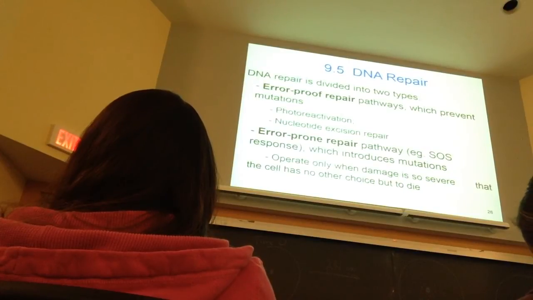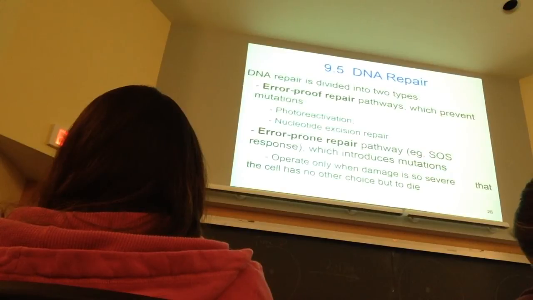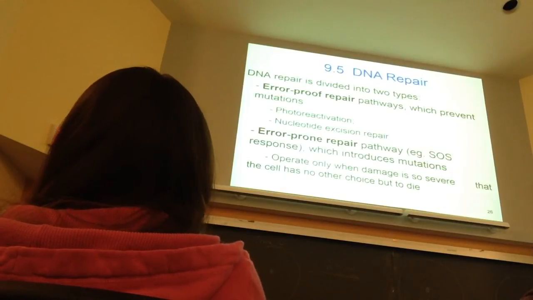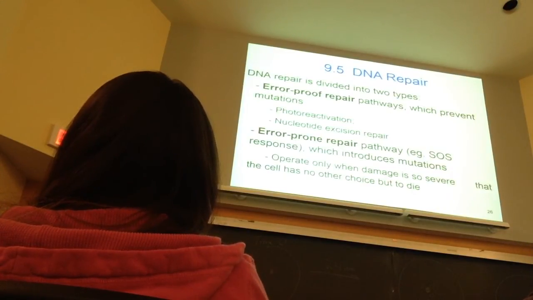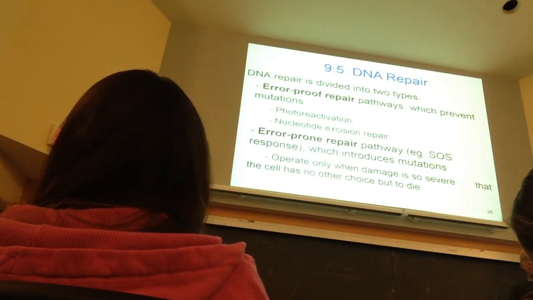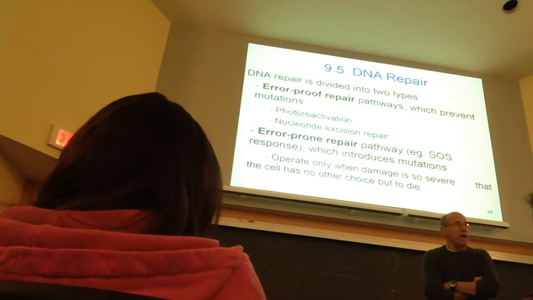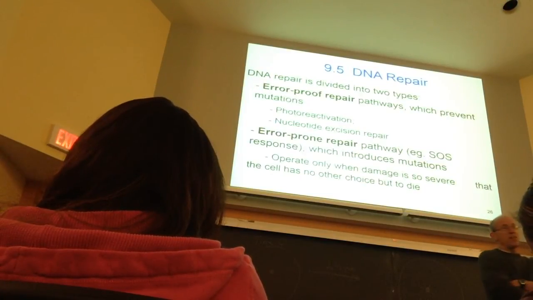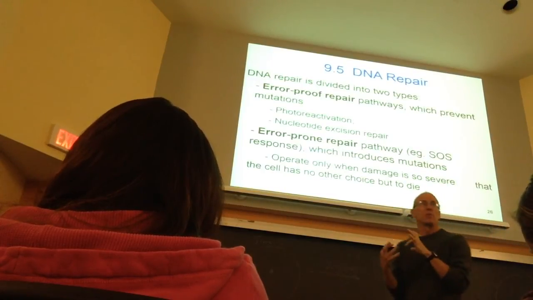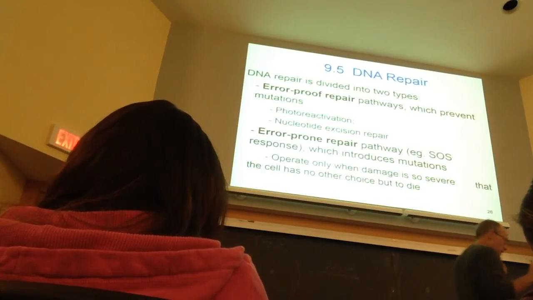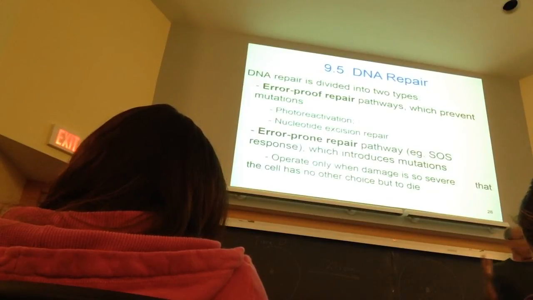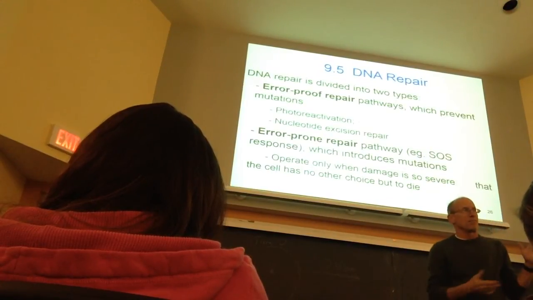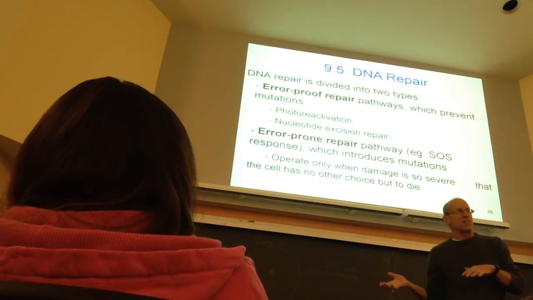What we are going to talk about is this interesting SOS response, which is prone to a lot of errors, prone to actually introducing mutations, and it really operates only when there is such massive DNA damage that the organism is about to die. So it can't even make a chromosome. There's times when DNA is destroyed and you're missing 75 bases completely.